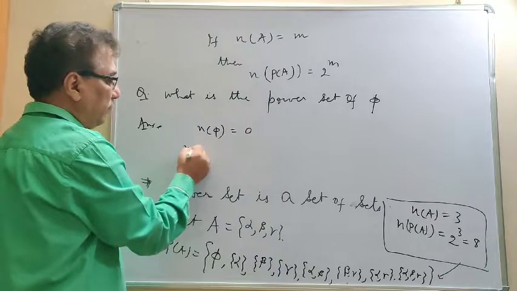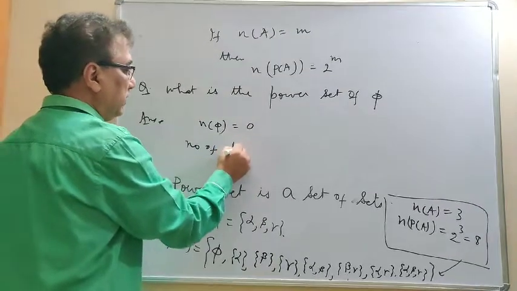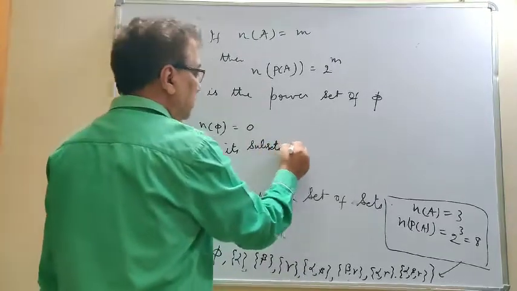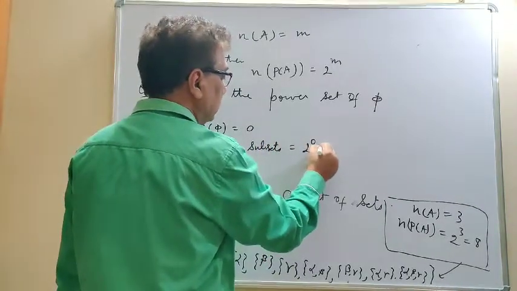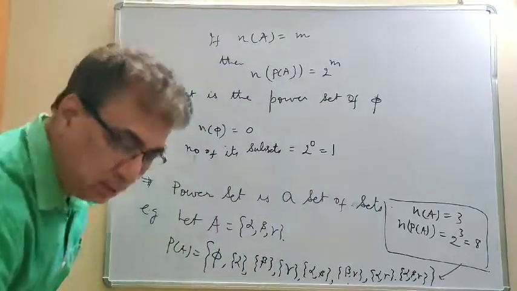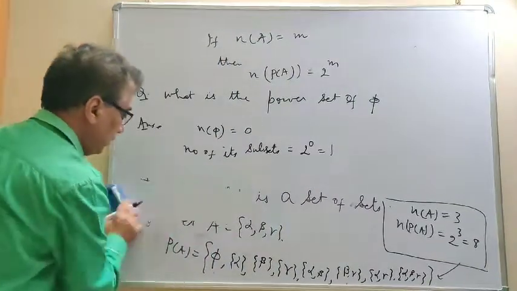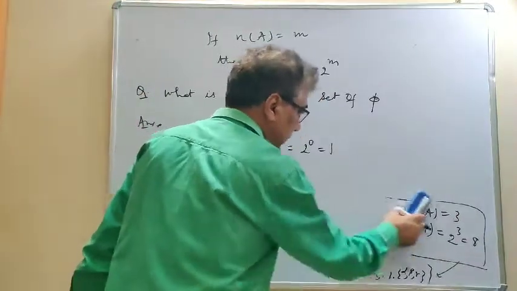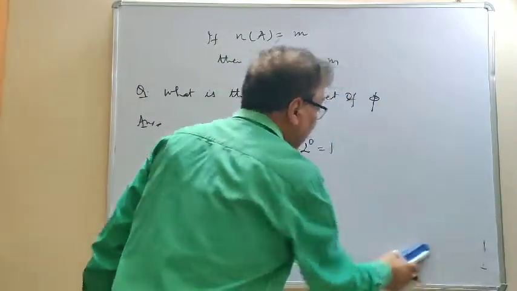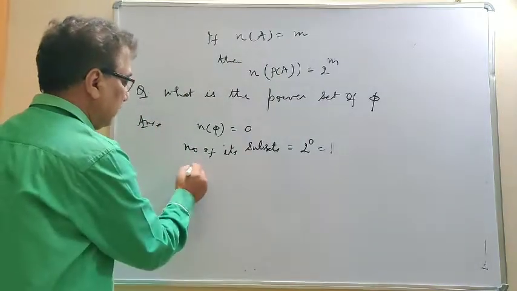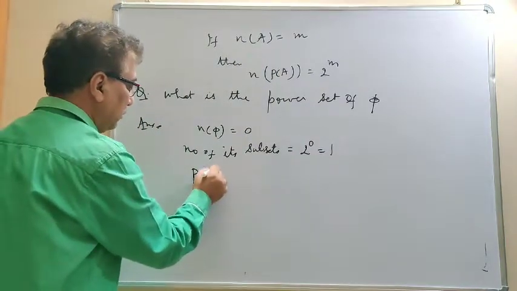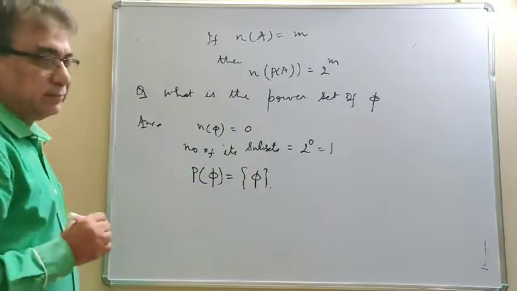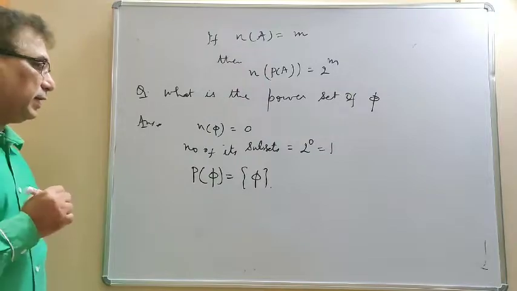So number of its subsets is equal to 2 raised to the power 0, that is 1. That means power set of phi will contain one element. So we can say that power set of phi is this one: phi within curly bracket.